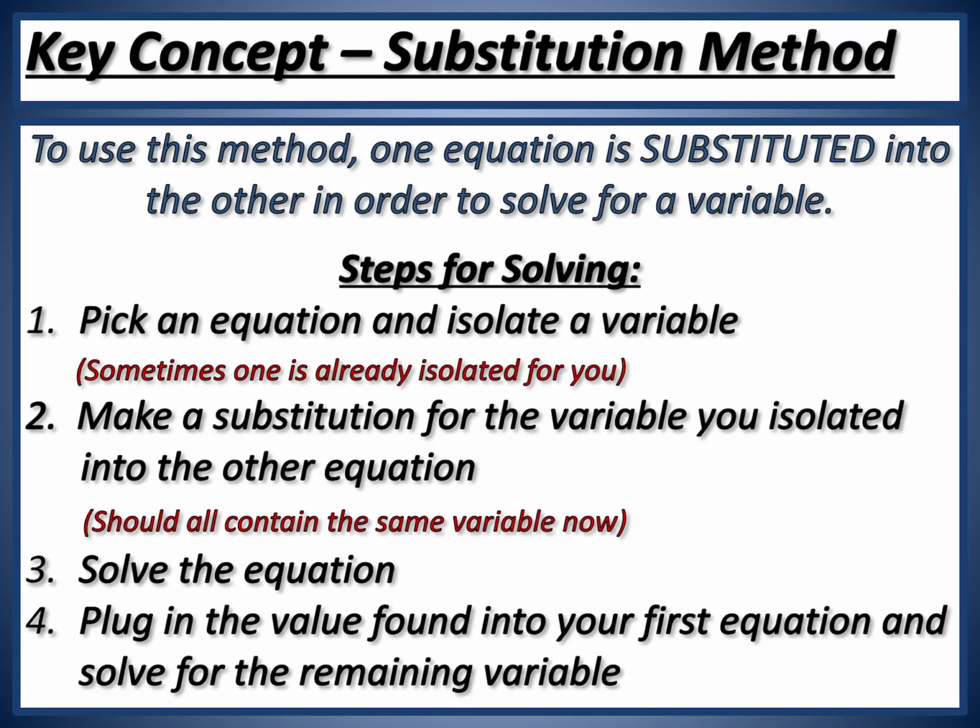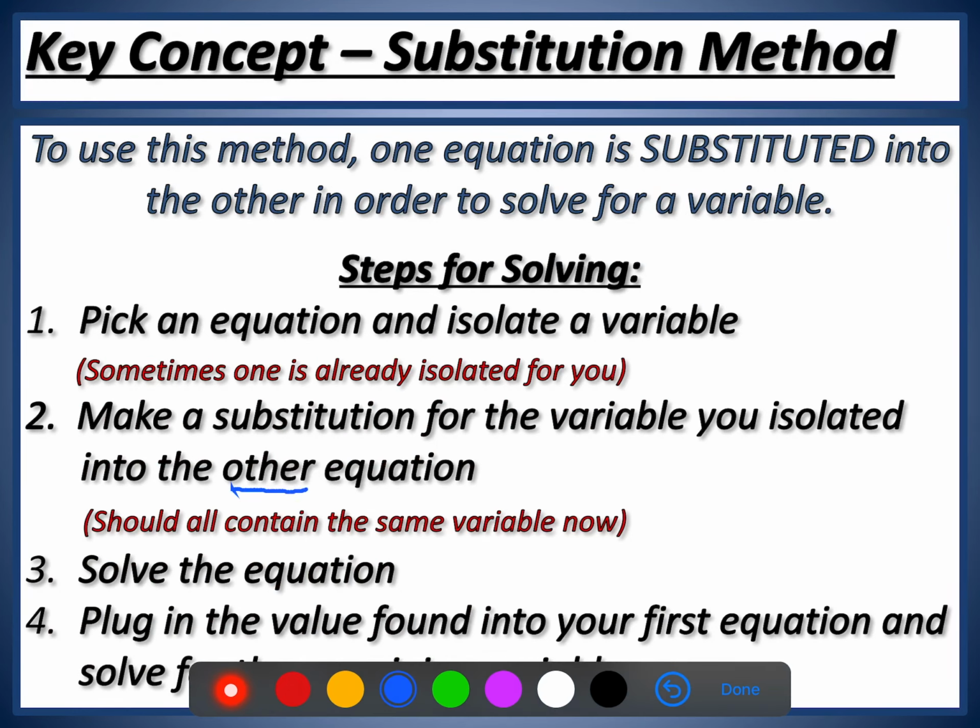We're then going to make a substitution. Whatever that variable is equivalent to, we're going to take that value and plug it into the other equation. Very important that you use the second equation in that step, because if you try and plug it back into itself, you will get a nonsense answer.